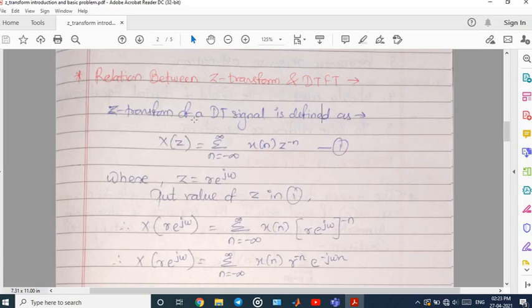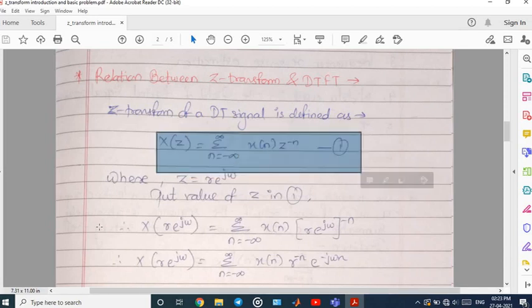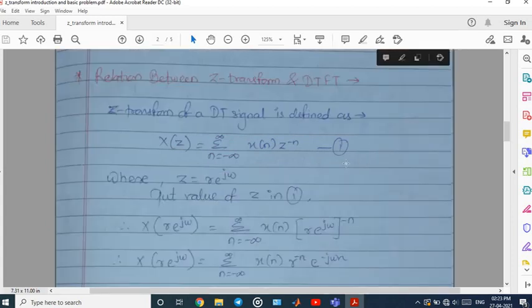The Z transform of a discrete time signal is defined as, we already know, X of z equals summation of n equals minus infinity to plus infinity x of n into z to the power minus n. Put this as equation number 1.